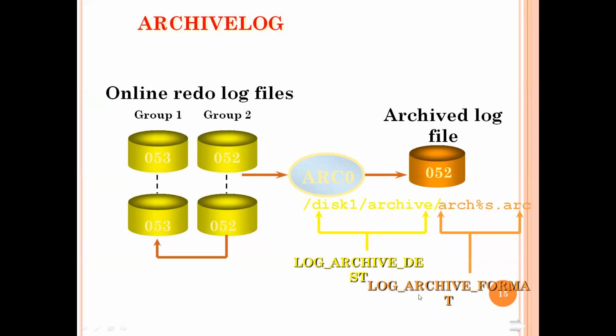Another parameter is log_archive_format, which gives the format in which you want to save the archive log. You can put the arc word and some context which the database generates automatically, .arc, or you can put .dbf. You set it in this parameter and it will create the archive logs in the same format.